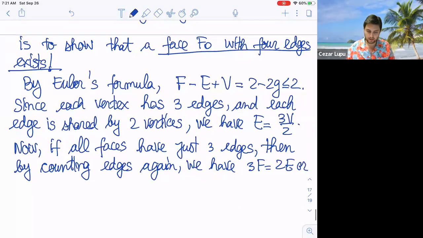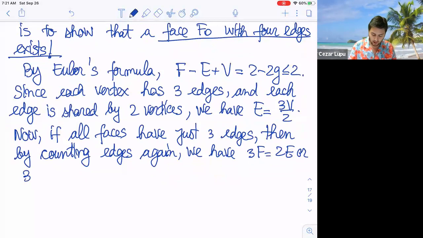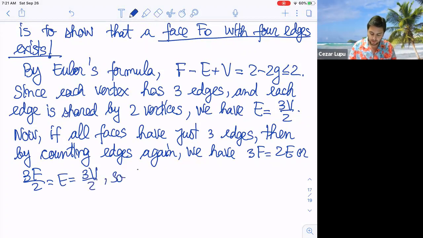Or if you want to write this in the following way, 3f over 2 is e, which is nothing else than just 3v over 2. So the number of faces is the same as the number of vertices.